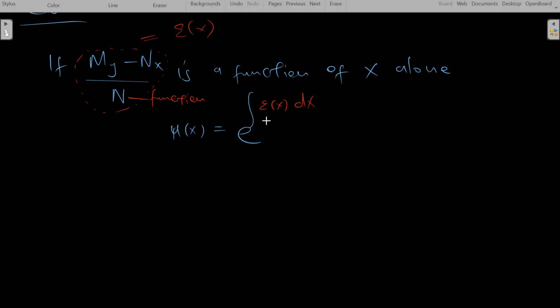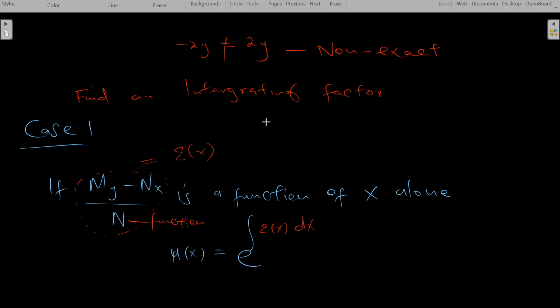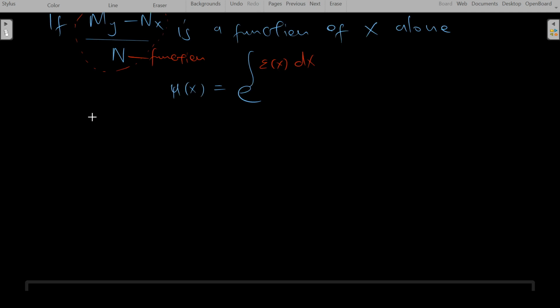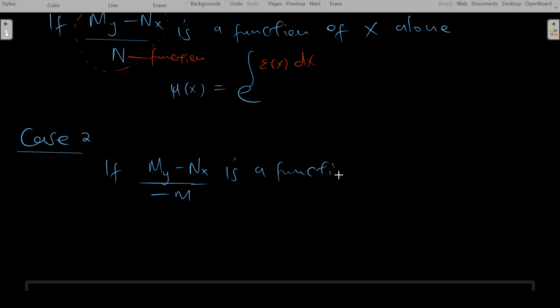So let's perform this. Let me introduce case 2. We usually have two cases. Case 2 is where M of y minus N of x, divided by negative of M, is a function of y alone.